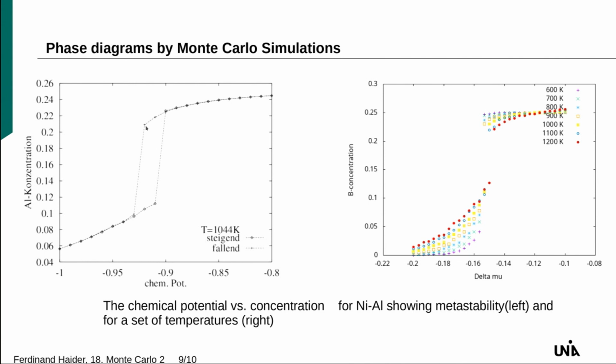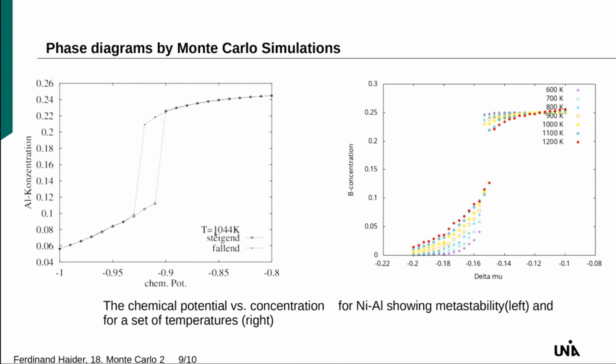Everybody knows it from experience. So probably the true phase boundary is more on the left side than on the right side here. But the deviation is not huge. You see here it's 0.9 and here it's 0.85 or so. And if you run it longer, you get even better statistics.